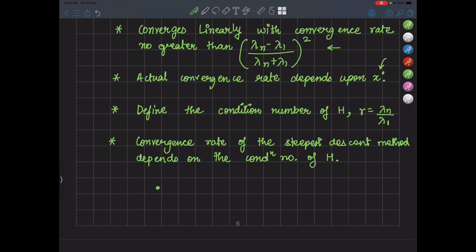If it is circular contour, the steepest descent method just converges in one step. So if R equals 1, which is circular contours, then convergence in one iteration.